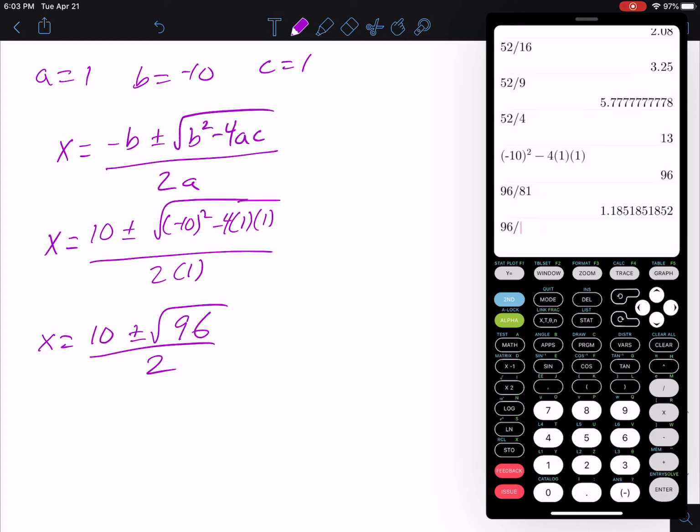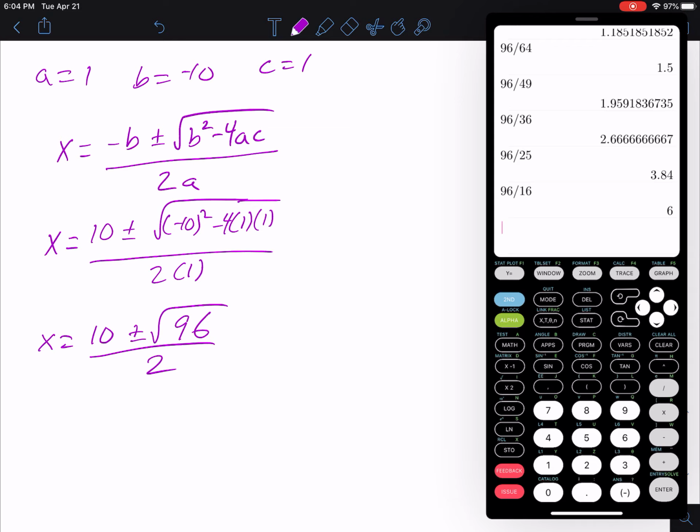After 81 would be 8 squared, which is 64. That doesn't work. After 64, we're going to get 49. That doesn't work. After 49, we're going to get 36. That doesn't work. After 36, we're going to get 25. That doesn't work. After that, we're going to get 16, and that works. So we're going to be using 16 and 6.